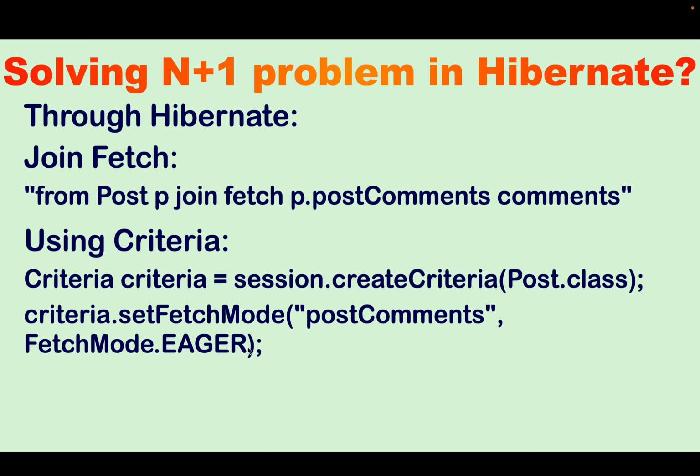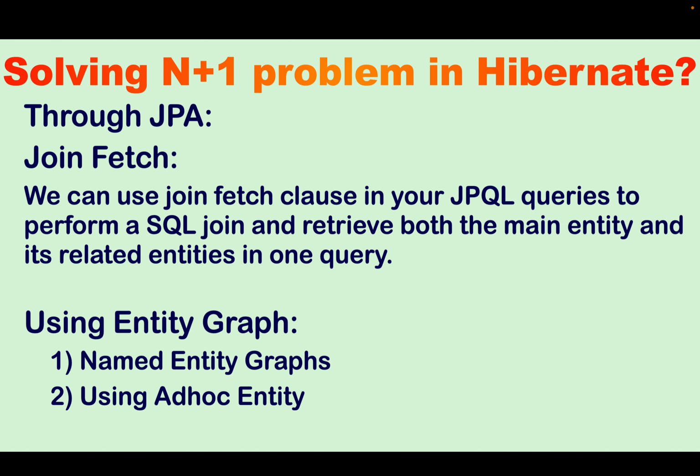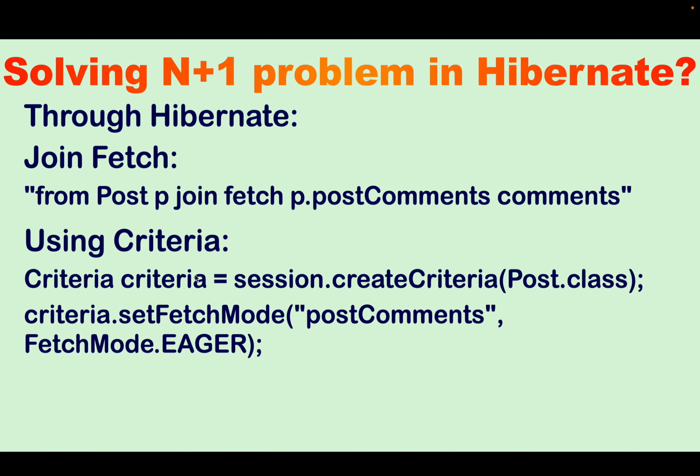The second approach is using criteria. As we know, Hibernate supports criteria query language. Also we can add projections if we want. So in the criteria query language, what is the syntax that we are going to use? Here in JPA we have the entity graph approach, but here it's criteria. So in the criteria, session.createCriteria of Post.